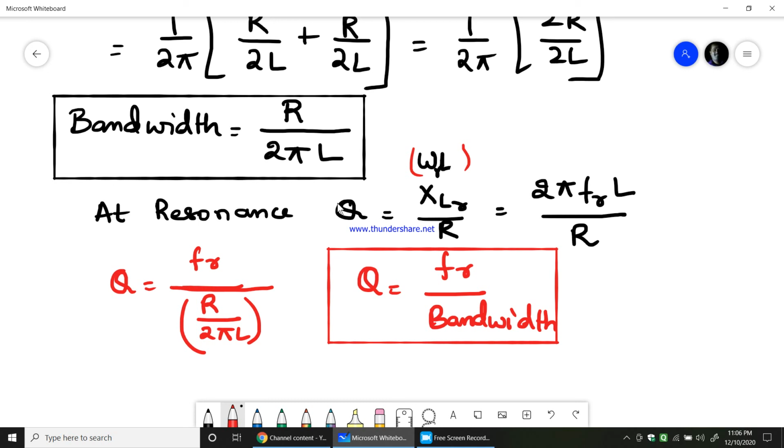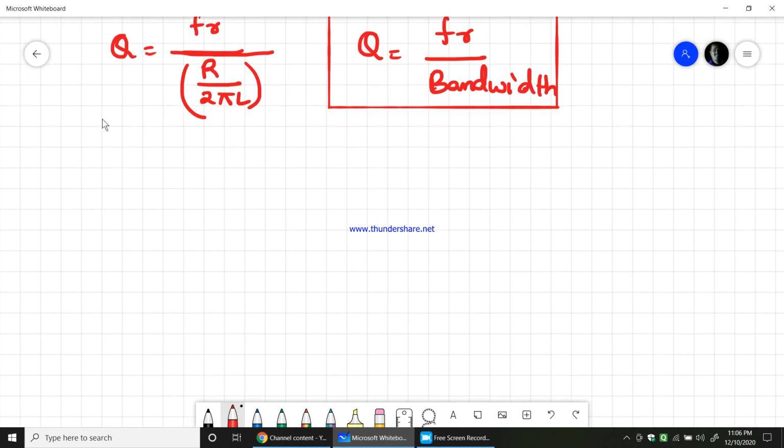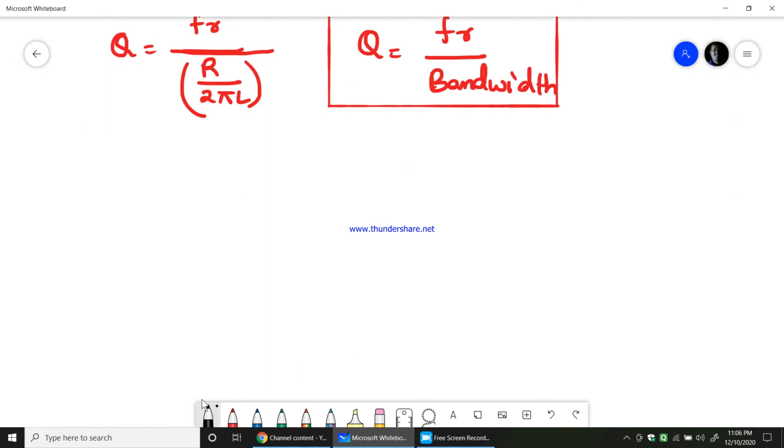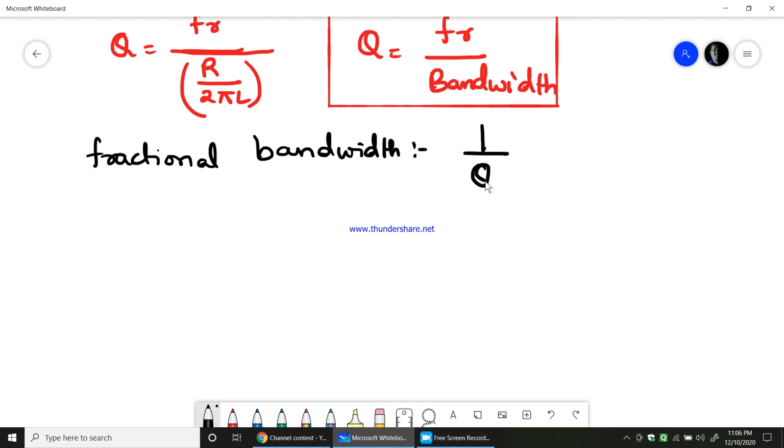Now there is one more term here which is called fractional bandwidth. Fractional bandwidth is 1 over Q, the quality factor.